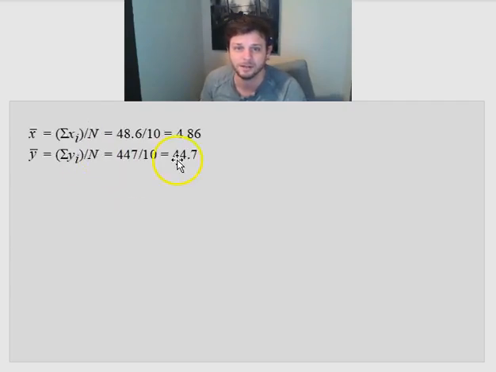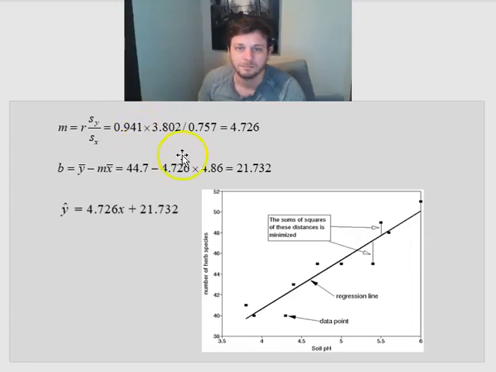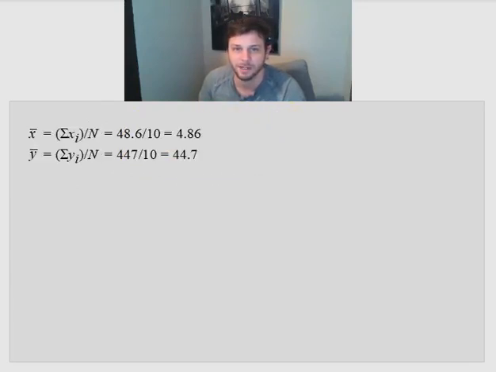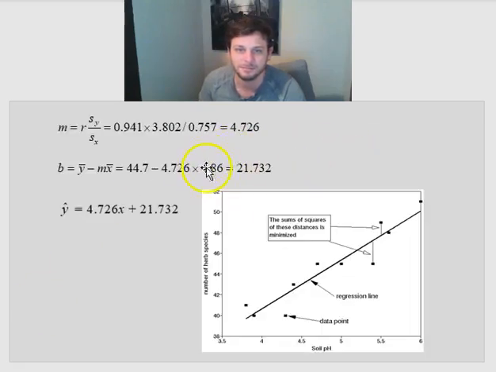So if we go back here, you can see the y-mean, 44.7, minus our slope, which we just calculated, times the x-mean. So we go back, here's your x-mean, 4.86, and that equals a y-intercept of 21.732.